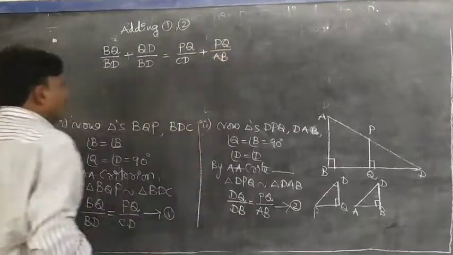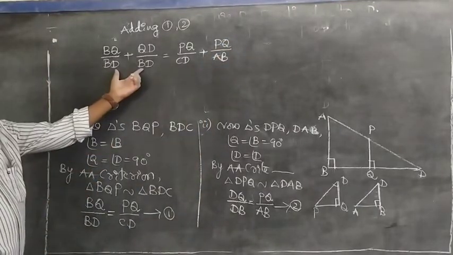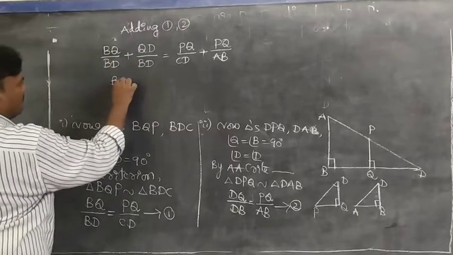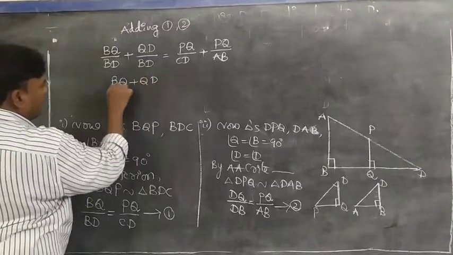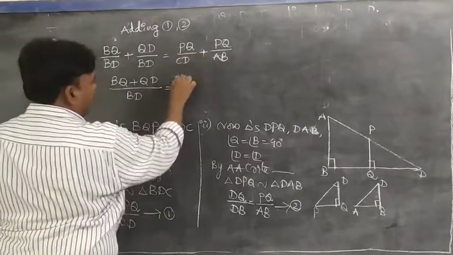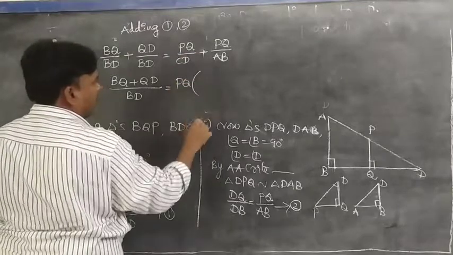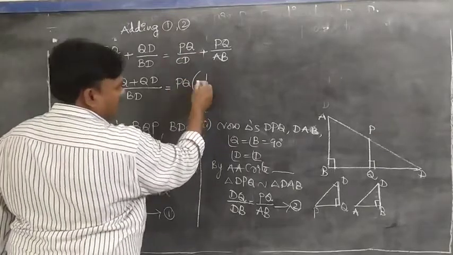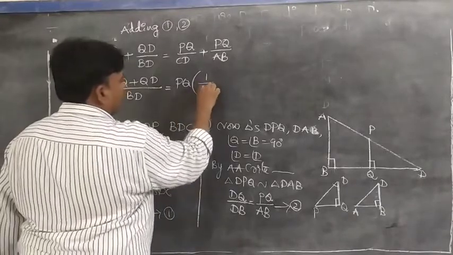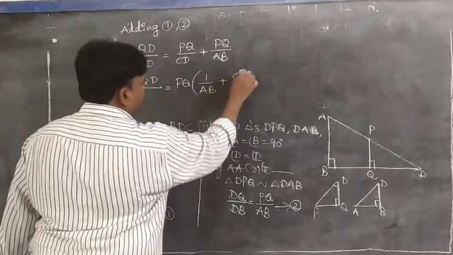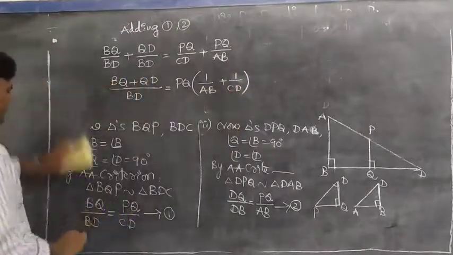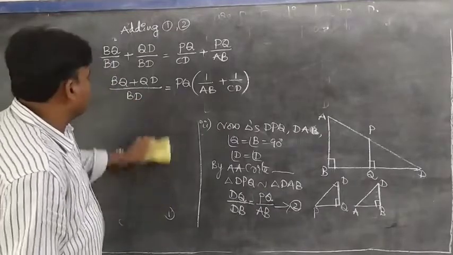Observe the denominators are equal, so we add the numerators. So BQ plus QD by BD equals PQ times 1 by AB plus 1 by CD. Okay?